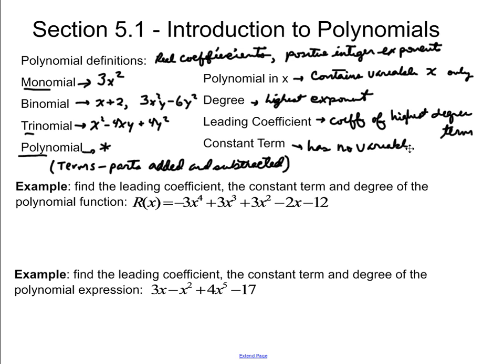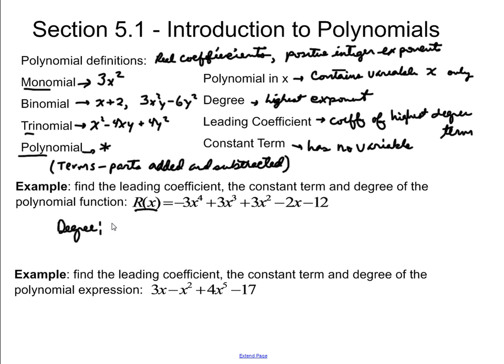Right? So if we're looking at these definitions, we might ask, okay, let's talk about one of these. For example, let's find our leading coefficient, constant term, and degree of the polynomial function r of x. Well, in r of x, we could say the following, that the degree is the power of the highest degree term. And of course, the highest degree term comes up first in this case.